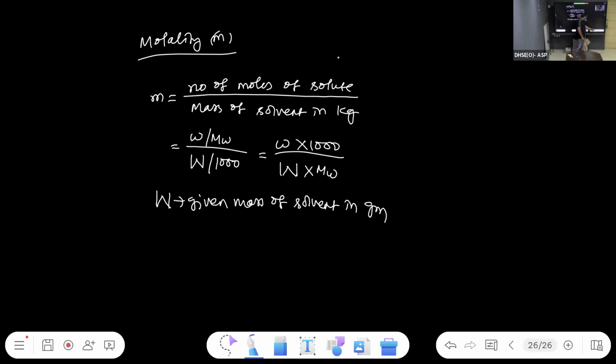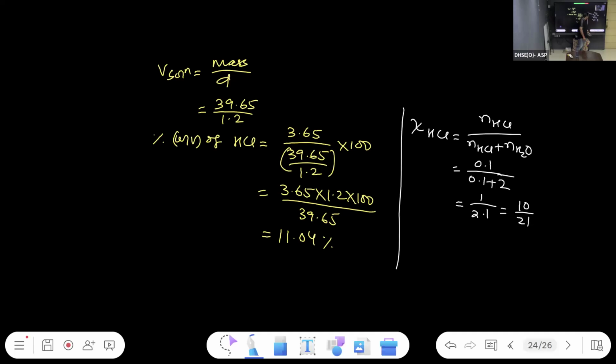Okay, I think all of you have noted. So in number 3, in part 3, that is the mole fraction of the solute. The solute here was HCl. So mole fraction of HCl is the number of moles of HCl divided by total number of moles. The molar mass of HCl is 36.5. The number of moles will be given mass 3.65 divided by molar mass 36.5, which is 0.1. Then, if we calculate the total number of moles, 0.1 is the number of moles of solute divided by total number of moles.